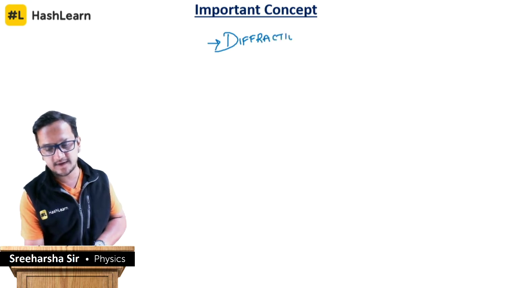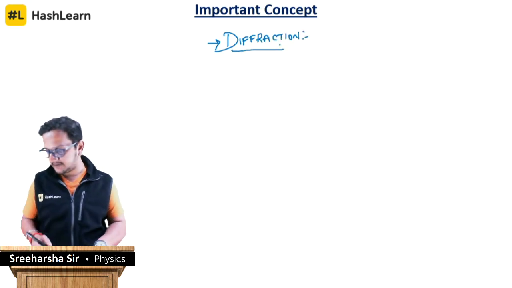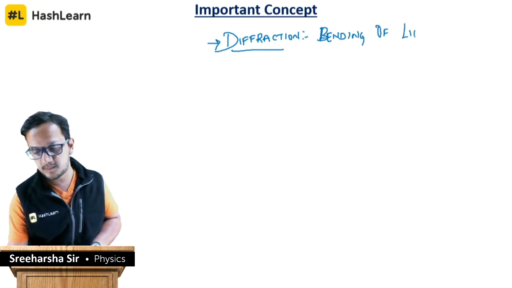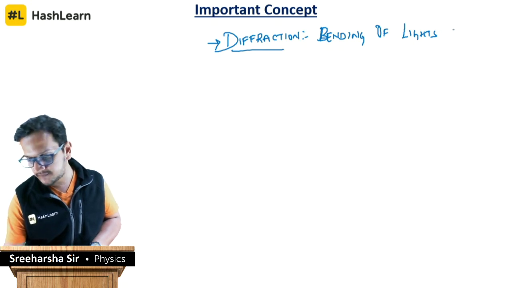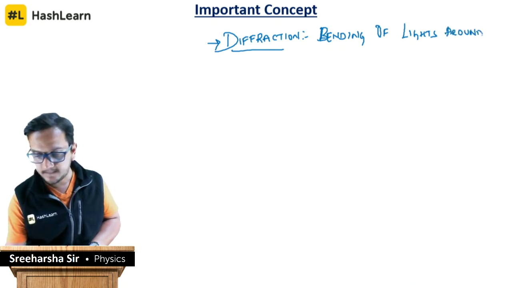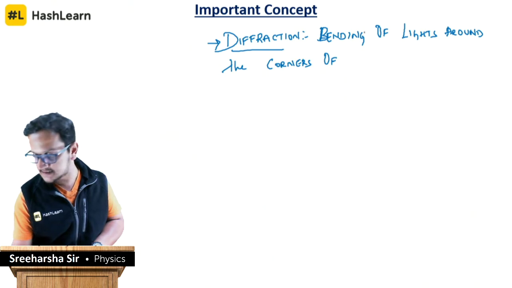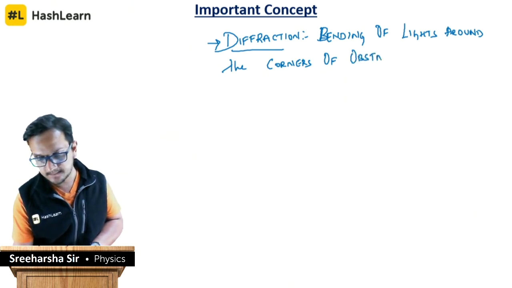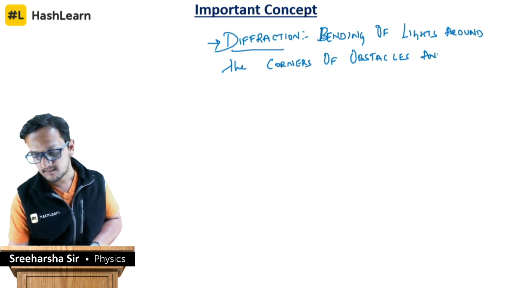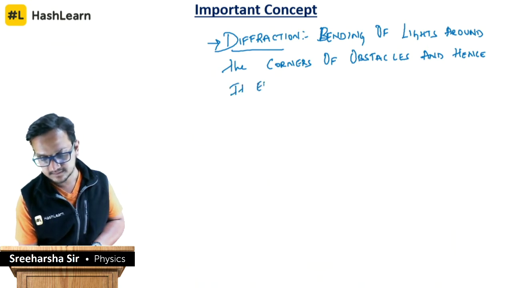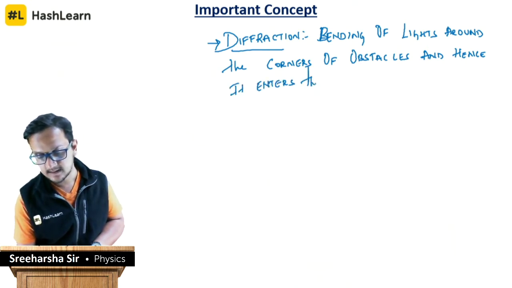Diffraction is a phenomenon where light bends, or you can say the phenomenon of bending of light around the corners of obstacles, and hence it enters the region of geometrical shadow.